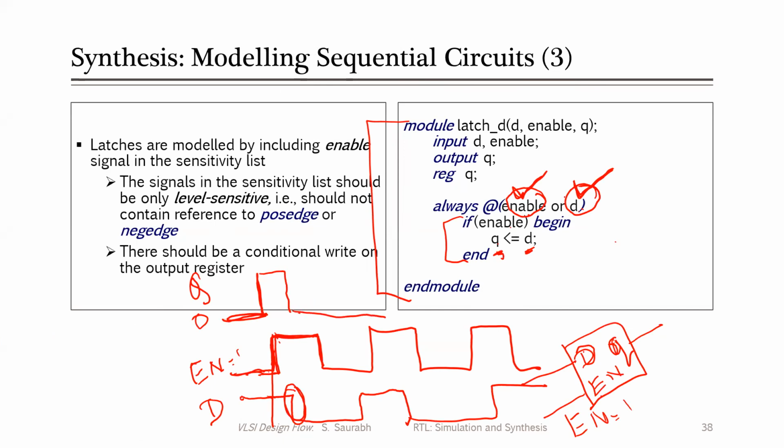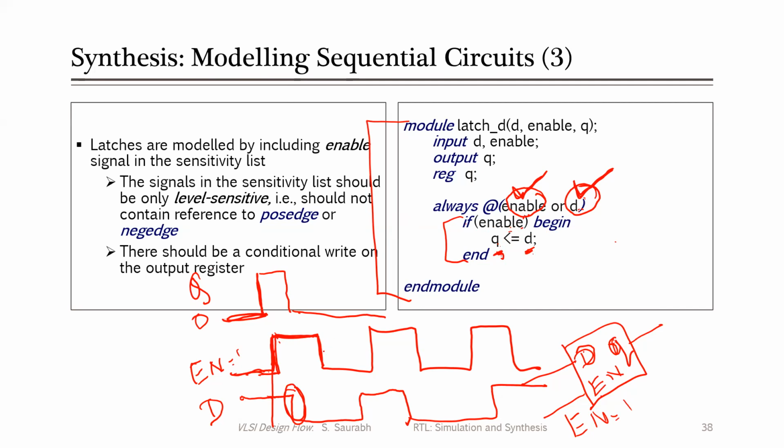Now, if we don't put D in the sensitivity list, this transition will not be captured at the Q, right? And that's why we need to have D also in the sensitivity list when we model a latch. Okay. So when we model a latch, we should have enable signal as well as D signal. And there is a conditional, right? If enable, then Q gets the value of D, meaning that if enable is 0, then nothing will happen. Nothing will happen, meaning that the Q will retain its old value, right?